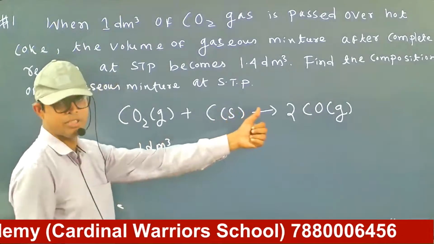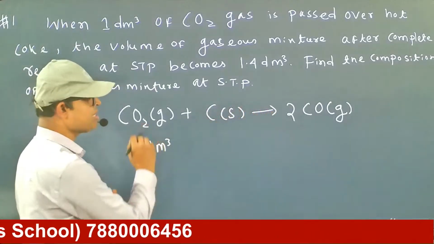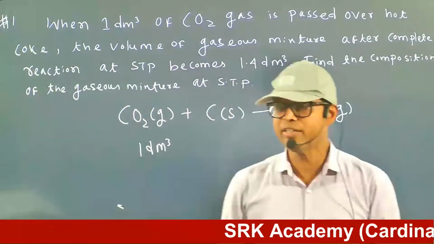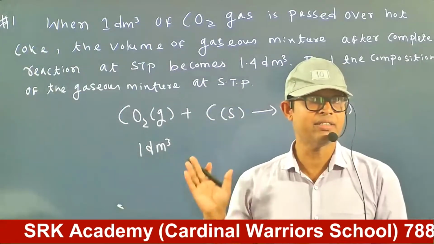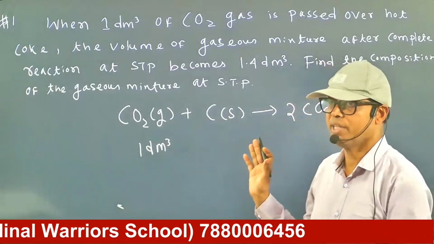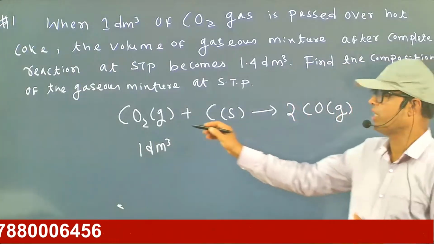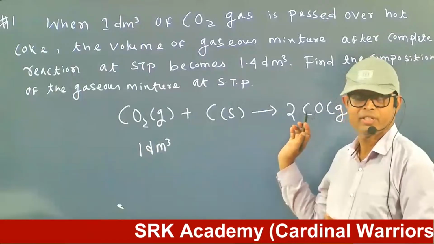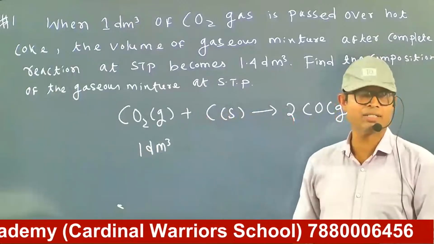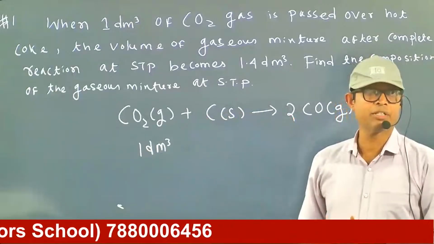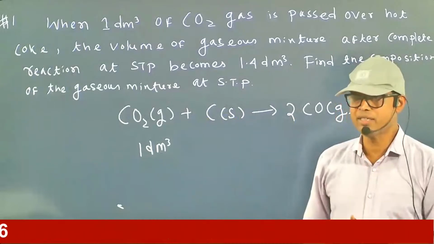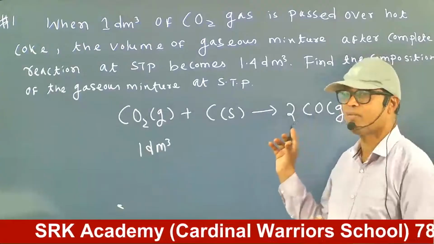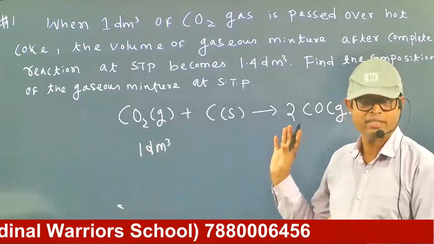Finally, the composition of the mixture: which are the gases in the chemical reaction? How many gases are here? 2. One is carbon dioxide, the other one is carbon monoxide. Initially we started with carbon dioxide, and during the course of the reaction the volume of carbon dioxide decreases, and the volume of carbon monoxide that is formed increases, right?